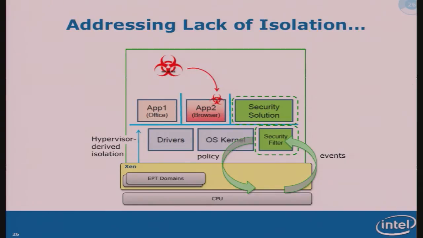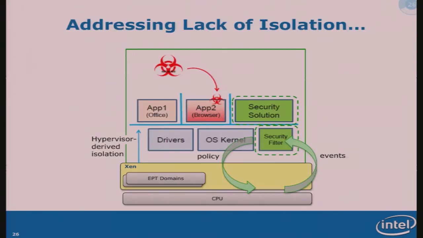So when we wanted to address this lack of isolation, and this is a similar picture to what Mihai showed, where you have security filters in the kernel or in user space, which are basically relying on seeing certain events that are occurring and access controlling them.